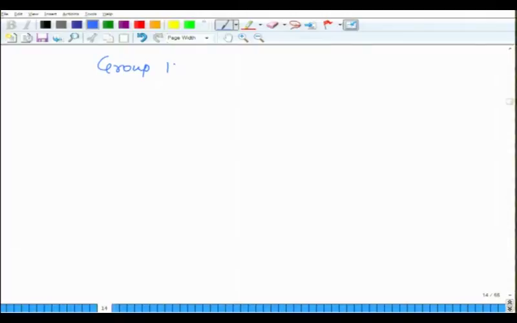So, if I now compare the group 4 elements, we have carbon, silicon, germanium, and grey tin.